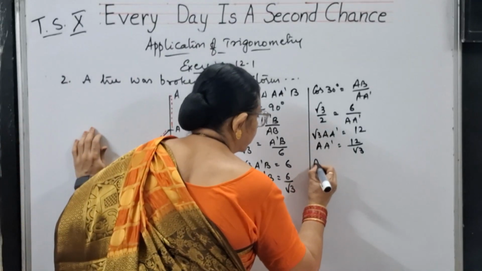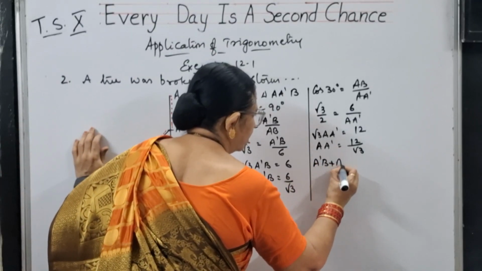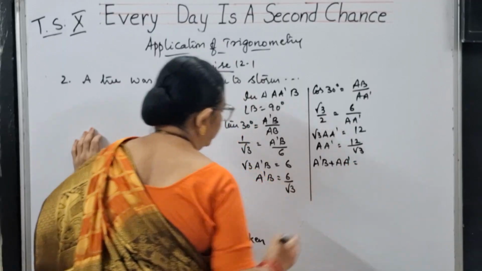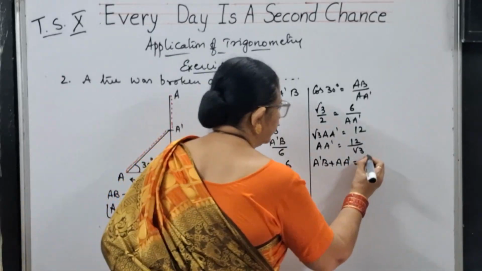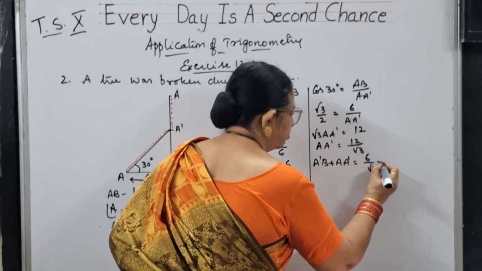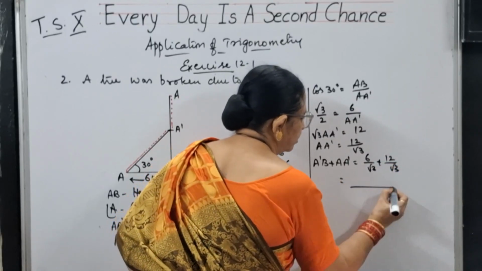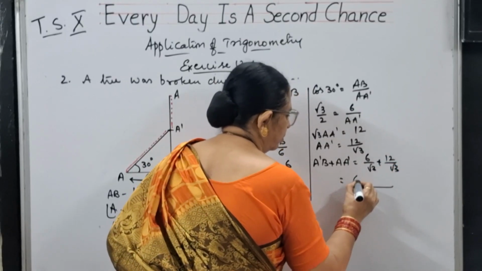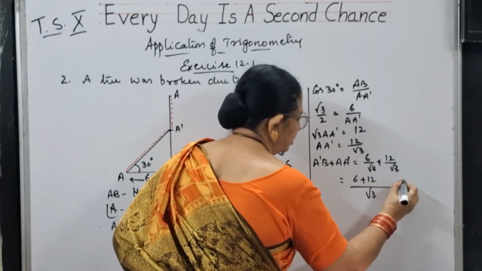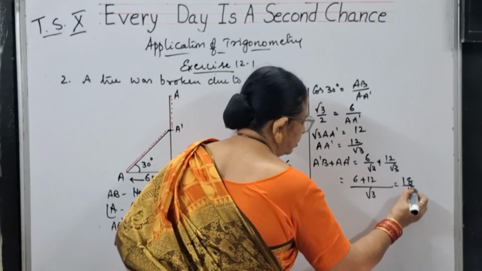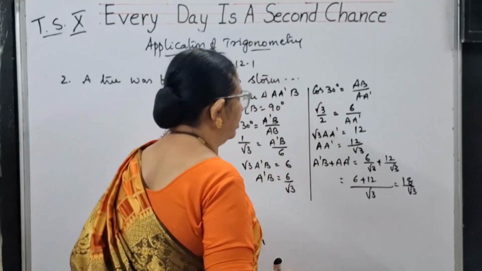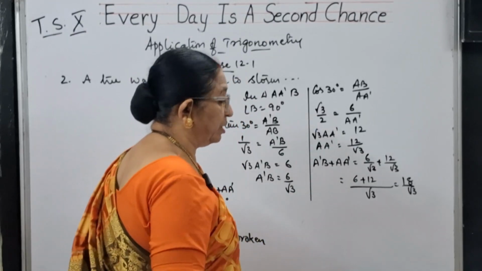So let us take A'B plus A' is equal to 6 by root 3 plus 12 by root 3. So denominators are same. So you have to just add the numerator. 18 by root 3. But is 18 by root 3 correct?